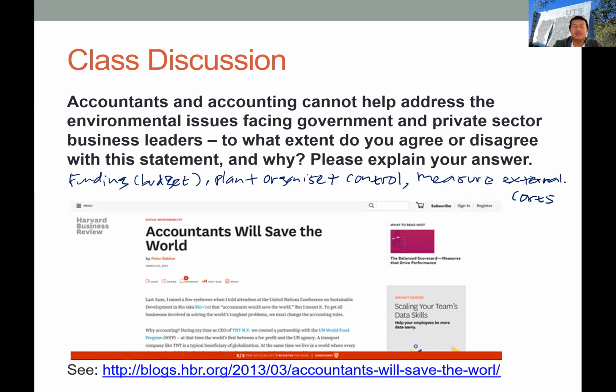Obviously the accountant cannot help with the scientific research in finding the vaccine, but the accountant working for the company can help the vaccine department by providing sufficient budget, help in managing the research project through the financial plan, organizing and controlling activities, and also help in measuring the potential cost and benefit when the company invents the vaccines.